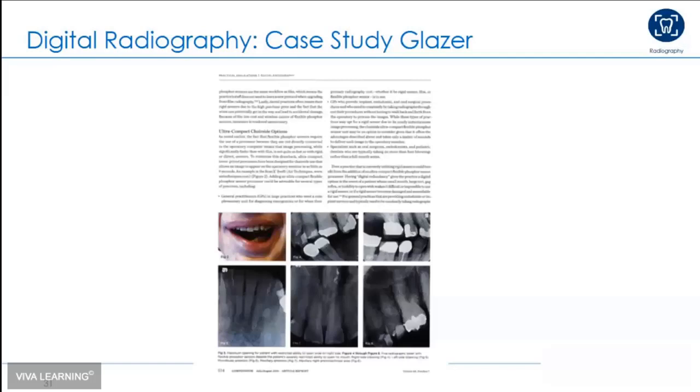And you explained to me how I'm going to get a rigid sensor into this patient's mouth, as opposed to, as we all know, with a regular analog film, I'd be able to flex it, bend it, slip it in, and have him use his finger or a positioning device like a RINN or an alligator bite positioner.